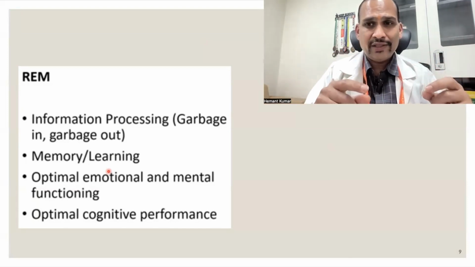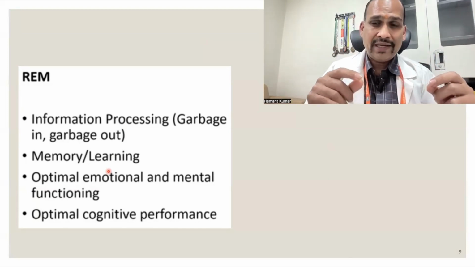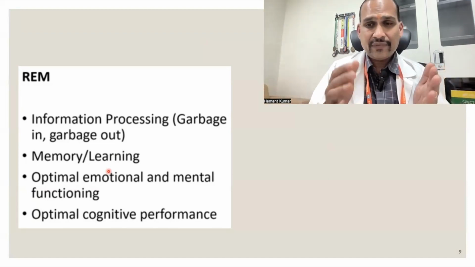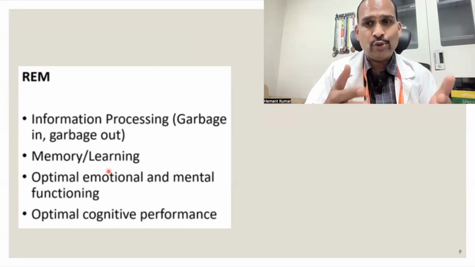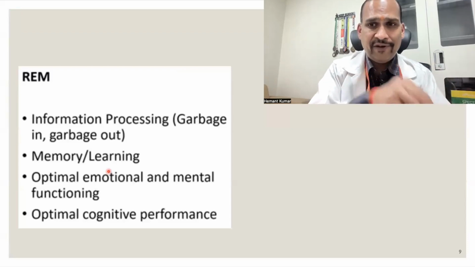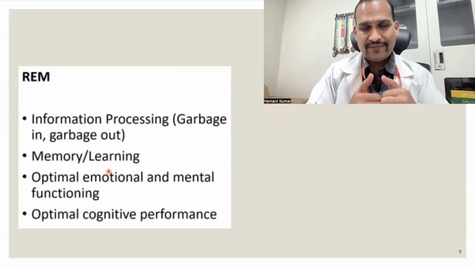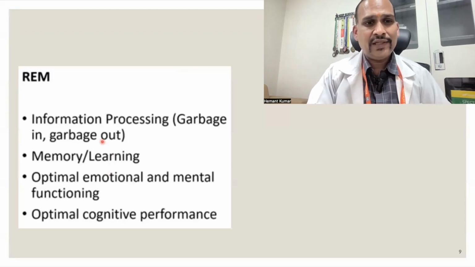Those children who sleep late at night and get up early because they have to go to school, getting up at 5 or 6 o'clock, are lacking REM sleep. There is less memory. So sleep is very important for our memory, and also important for emotional and mental functioning.